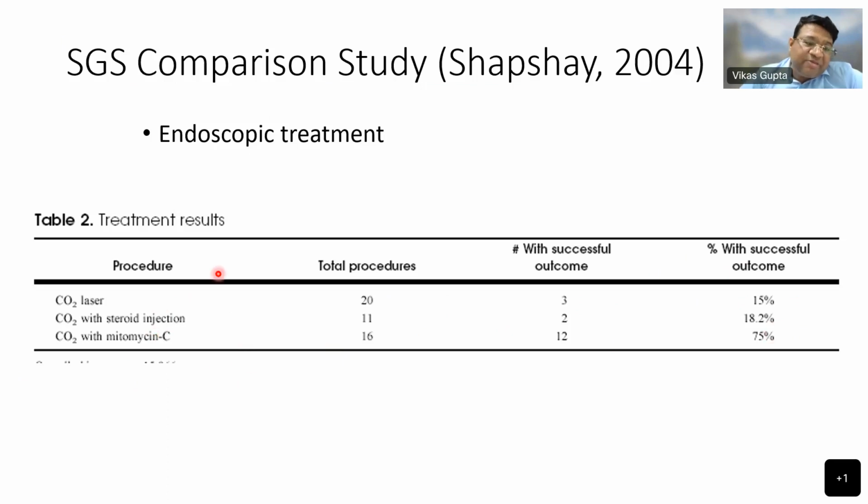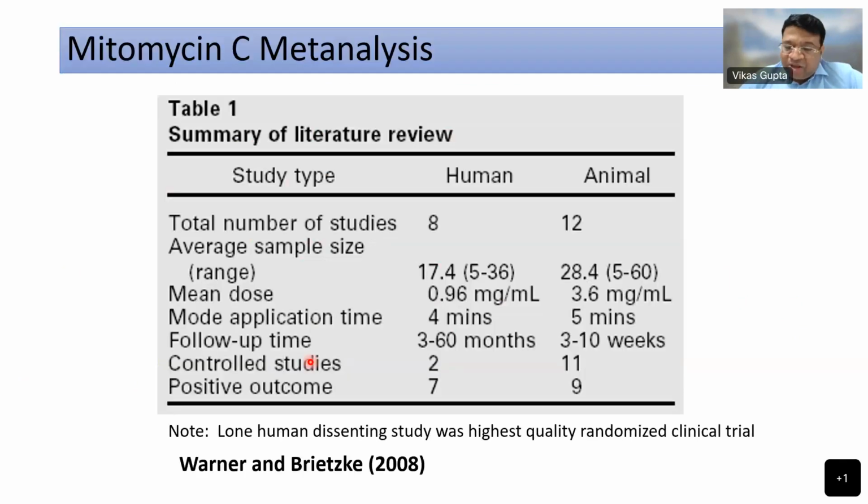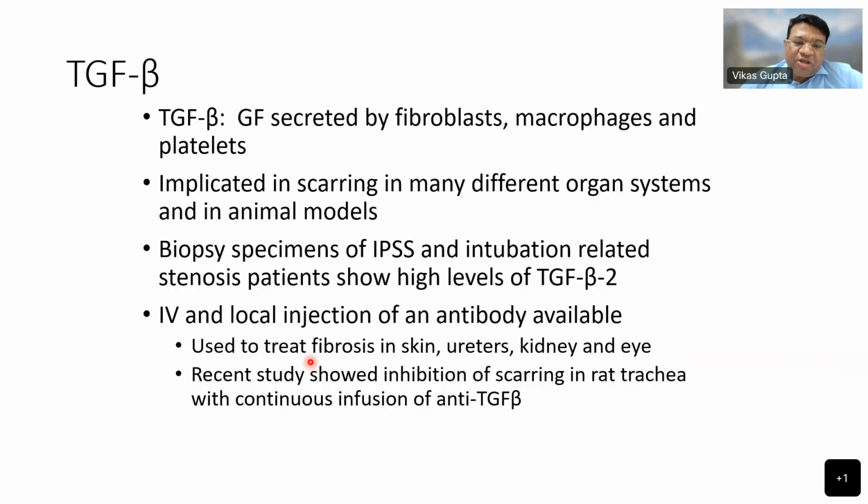So these were similar patients who underwent either CO2 laser alone, or CO2 with steroid injection, or CO2 with mitomycin C. This is a study by Simpson published in 2004, which clearly establishes the supremacy of the mitomycin C as compared to the steroid or the CO2 laser only.